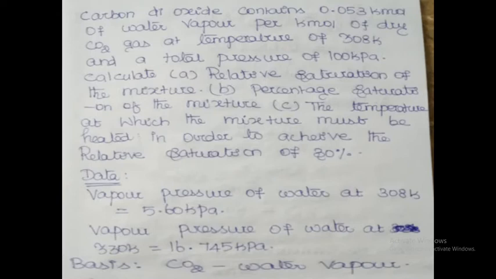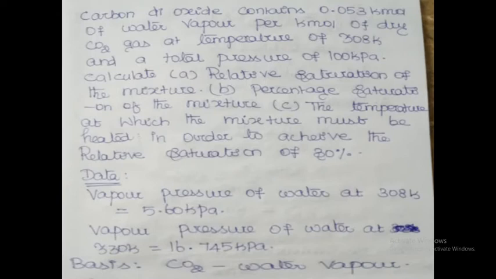Are you clear or not? Okay. So that purpose only additional data are given here. Vapor pressure of water at 330 Kelvin. Suppose the calculated value is 16.745 or approximately equal, then directly you should take 330 Kelvin as the heating temperature. That purpose only additional data are given here. Are you clear or not?